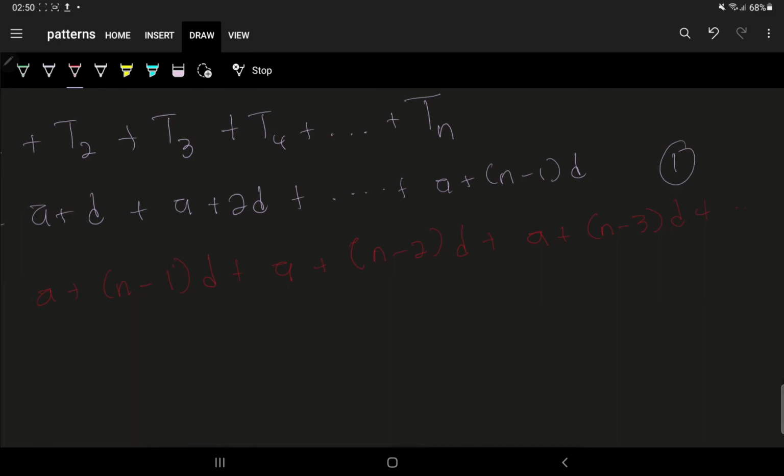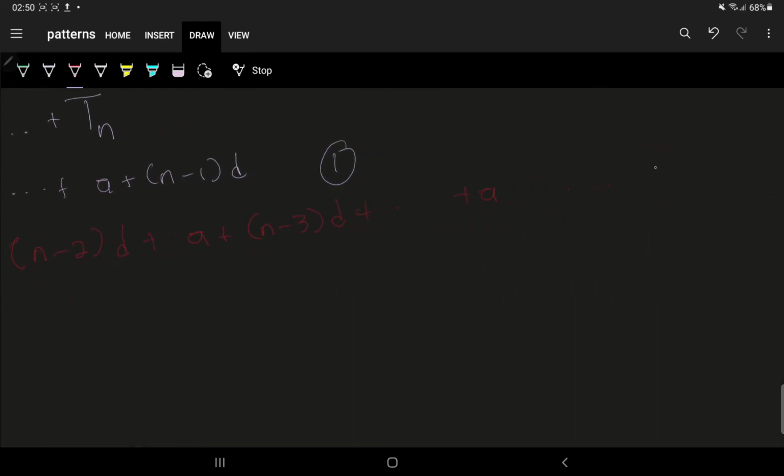So this is the reverse of equation 1. Then we're going to name it equation 2.